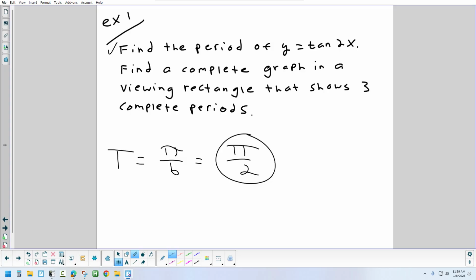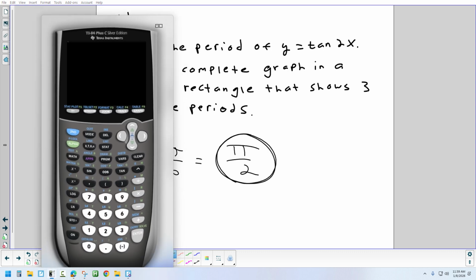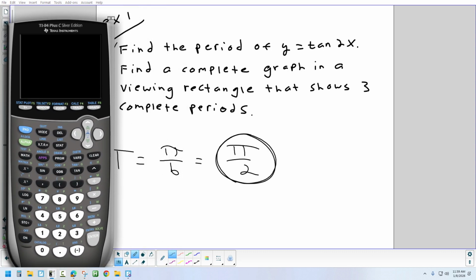Now the second part says to graph that on the calculator and show 3 full cycles. Well, that's the length of 1 cycle. So what would be the length of 3 cycles? Yeah. 3 pi over 2. Why'd they pick 3 cycles? I don't know, just pick 3 cycles.